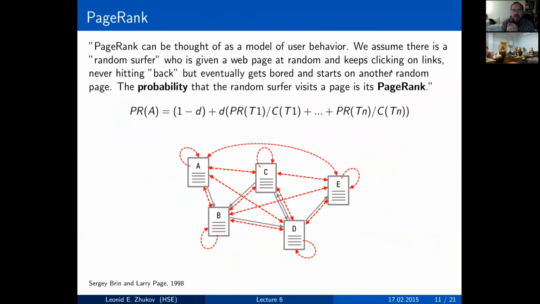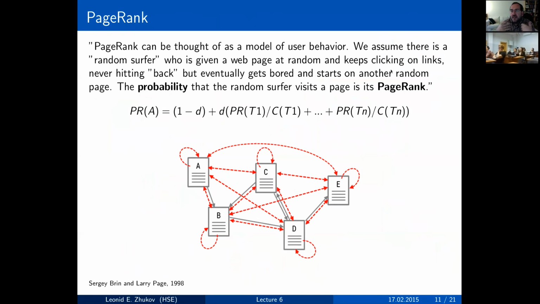So, PageRank. This is actually a quote from their paper. They tried to model PageRank as user behavior on the network. They thought about a user as a random surfer who is initially given some web page at random, and there are a few things he can do.